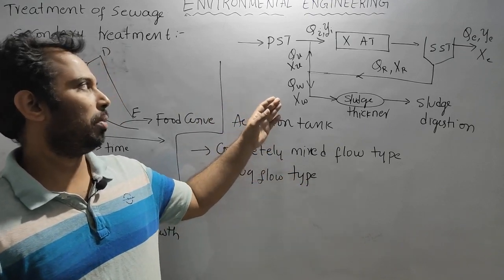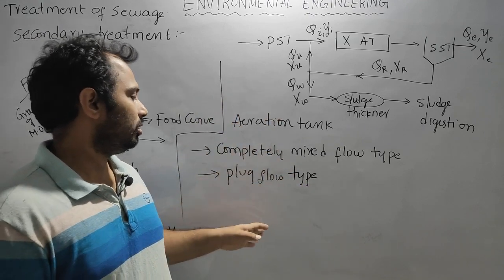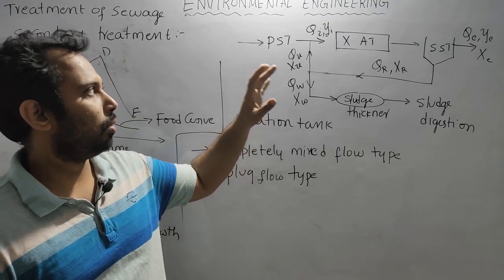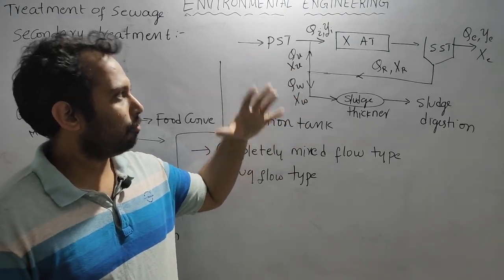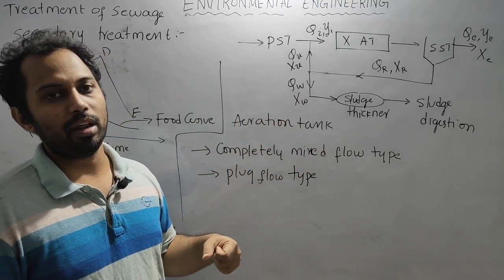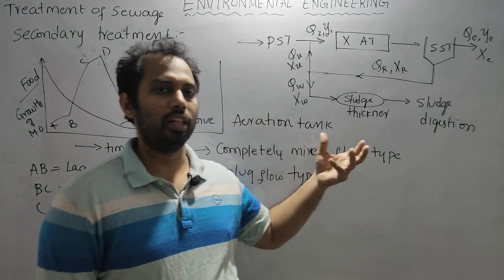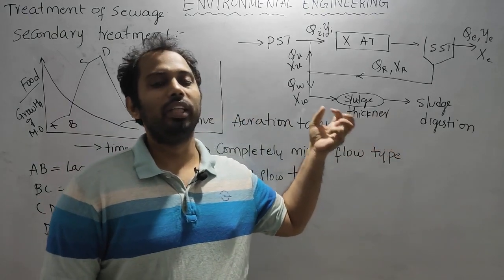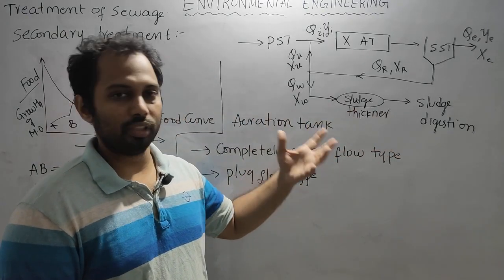Independent parameters I have already discussed just now, what is Qi, what is Yi, and everything. From these independent parameters I will derive some other parameters by which we can understand the working principle of the activated sludge process that we are going to discuss in the next class.